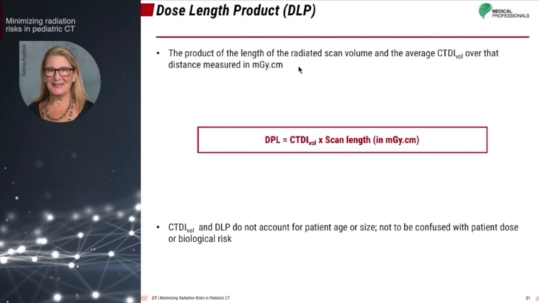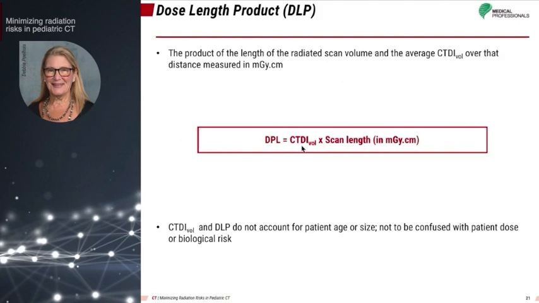It's related to the volume CTDI, but it factors in the entire length of the scan. It is reported in milligray per centimeters by the scanner itself and is essentially the product of the length of the irradiated scan volume multiplied by the volume CTDI.